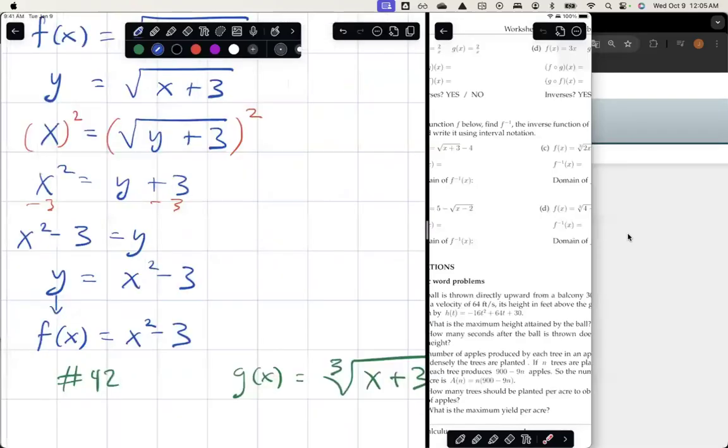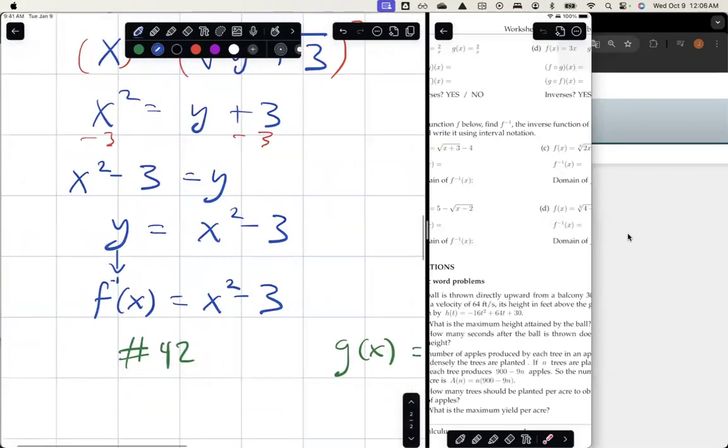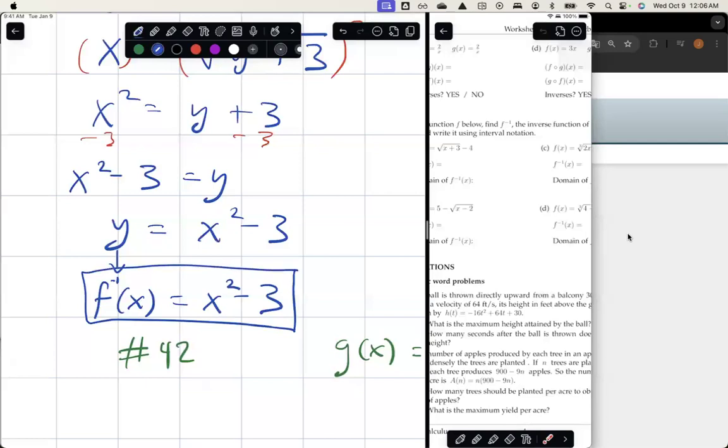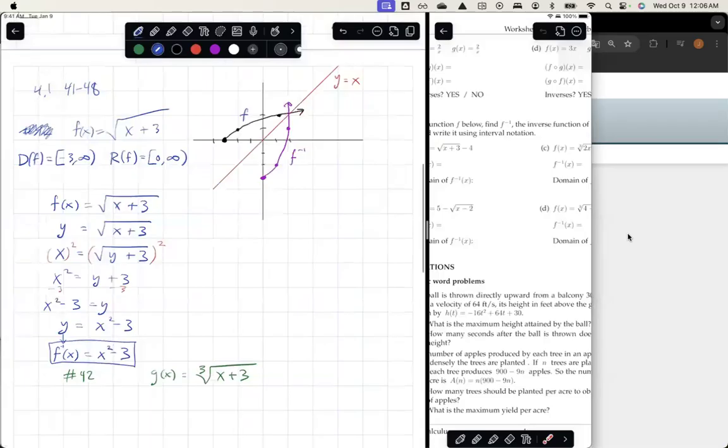We put f inverse of x. That little -1 looks like an exponent, but it's not an exponent. It's just a notation to say that this is the inverse of the function f. Okay, and so the inverse of f is x squared minus 3. And this looks like the equation for a parabola. And it is.